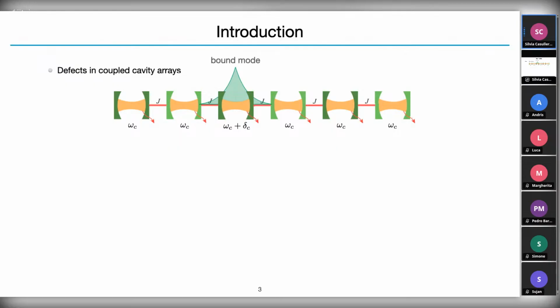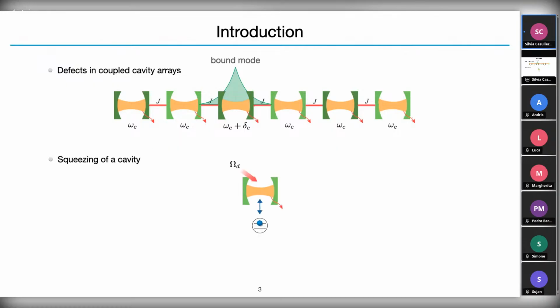And defect here doesn't mean bad. It's just one that is a bit different. And this can also happen when, for instance, you have an atom coupled to one of these cavities, then you can also see one of these localized modes appearing. In this case, it's an atom-photon state. This was one effect that I wanted to mention.